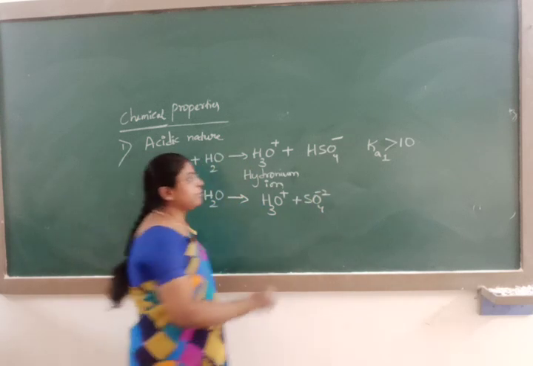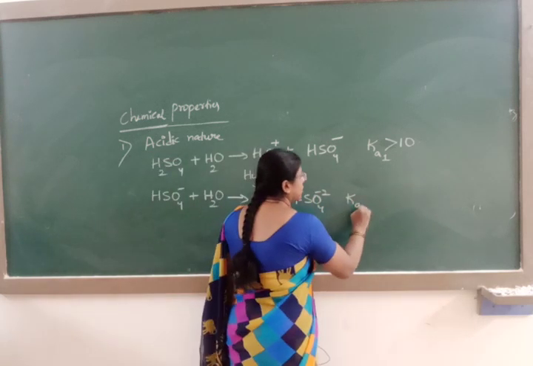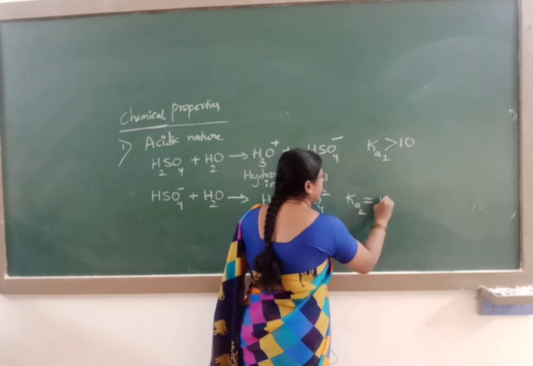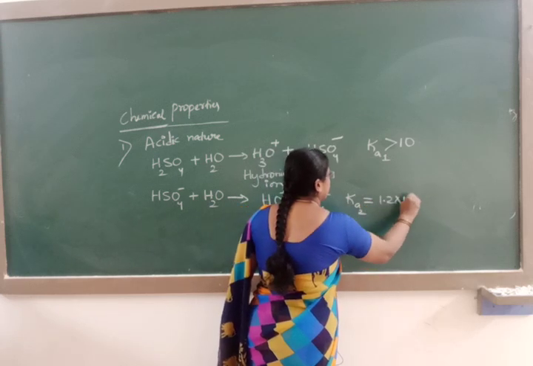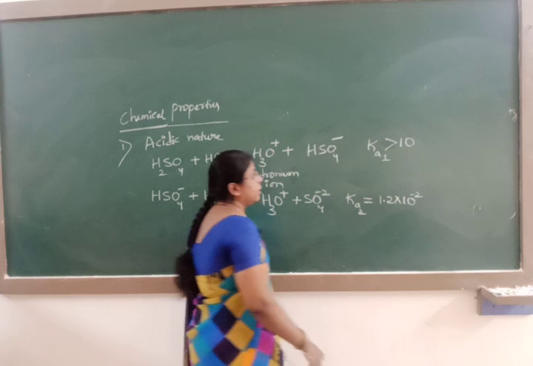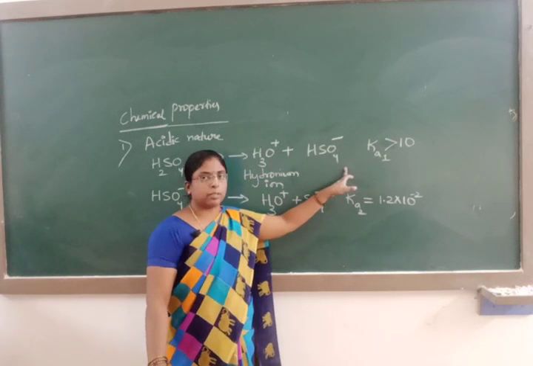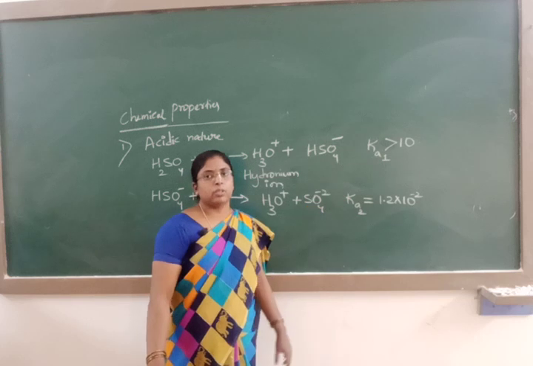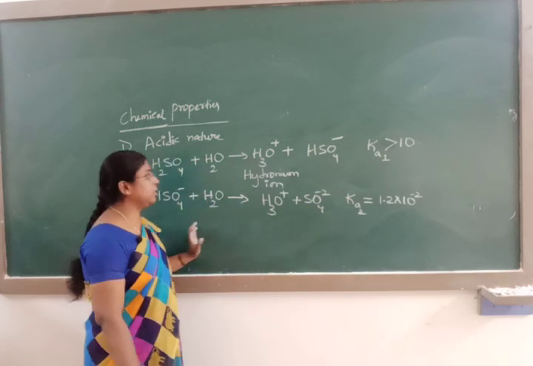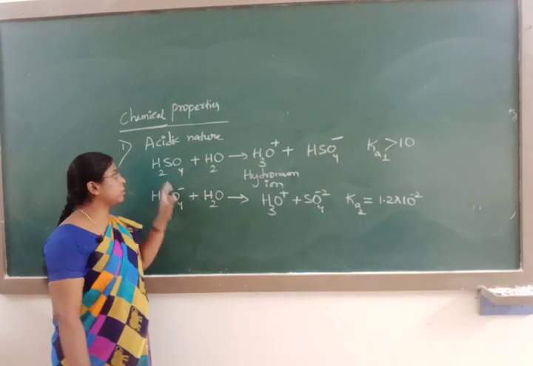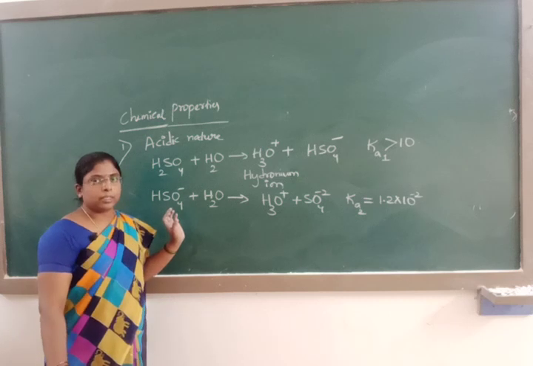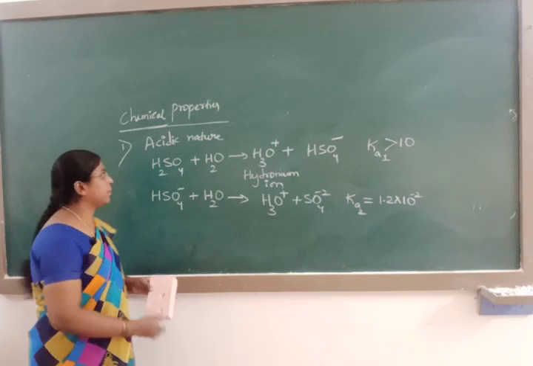For this, let us take the Ka value as Ka2, which is equal to 1.2 into 10 power minus 2. Among these, in the first reaction the K value is greater. Higher the Ka value, stronger will be the acid. Hence, since its Ka value is higher, sulfuric acid is a stronger acid.